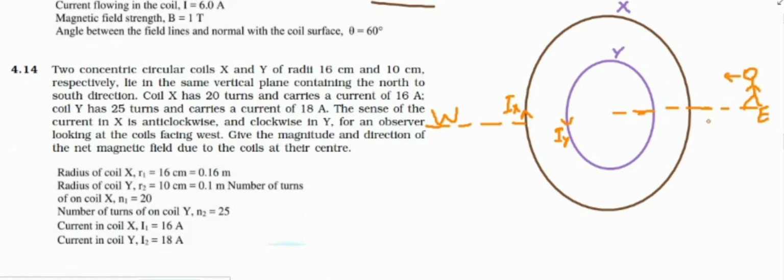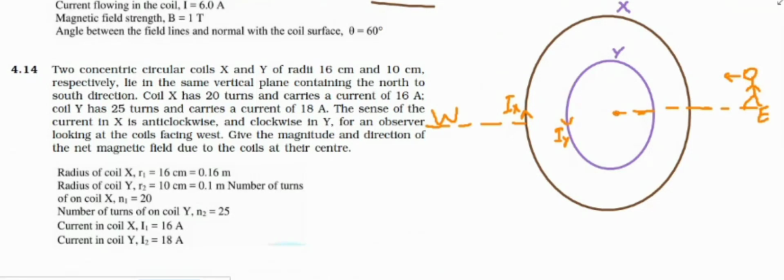When he is facing towards west, first take the case of coil Y. He is observing the current in the coil Y in anti-clockwise direction, which means he is facing north pole.